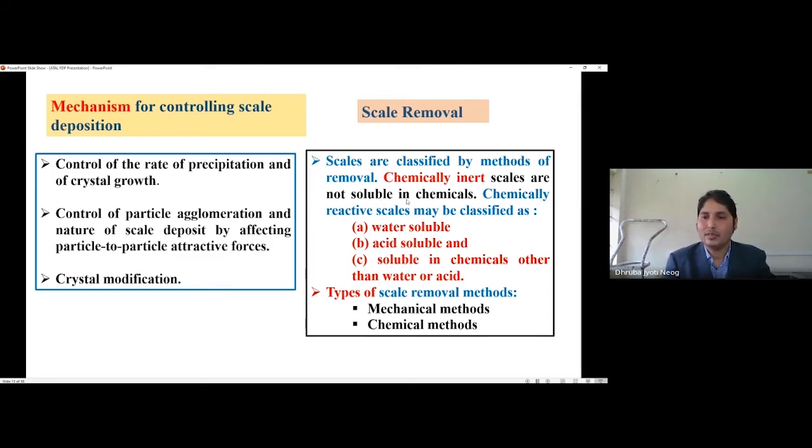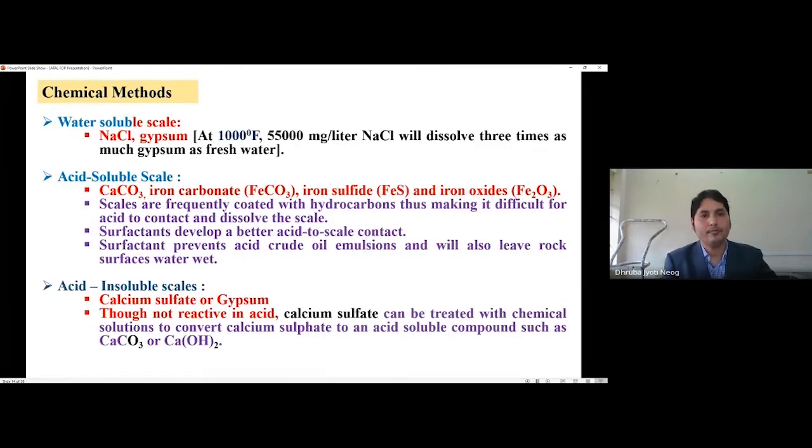Chemically inert scales are those which cannot be dissolved using chemicals, and reactive scales are those which can be dissolved using chemicals. So there are two broad types of scale removal methods: one is mechanical, another is chemical.